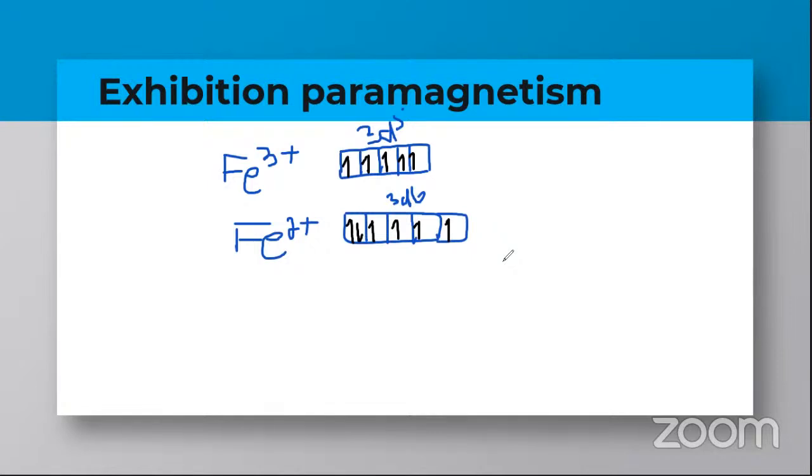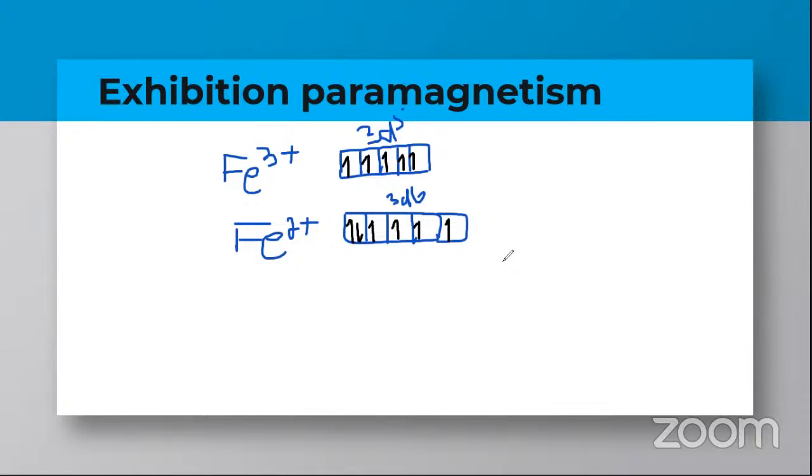So paramagnetism, which is the ability of a metal to be attracted by a magnet, depends on how many unpaired electrons the element has.